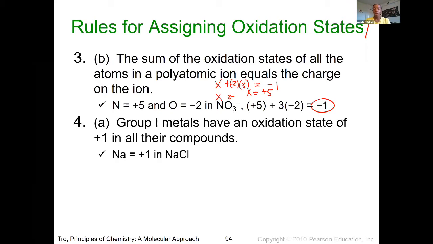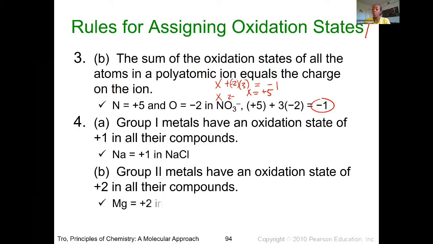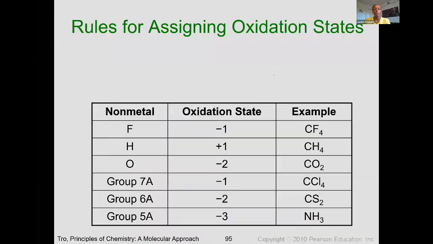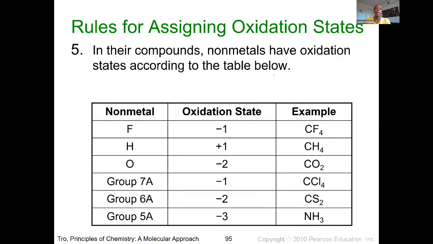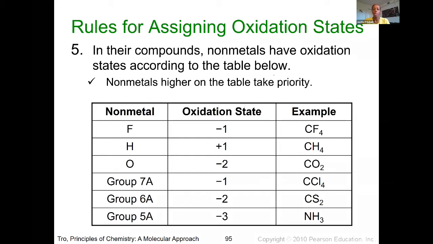Rule number 4, group 1 metals have an oxidation state of +1. So that coincides with the monatomic rule that you would expect a +1 for group 1 metals. Group 2 metals also have an oxidation state similar to their charge, so +2. So that makes it easy. And then the last rule is that when compounds contain some of these nonmetals, the oxidation states will be according to this table.